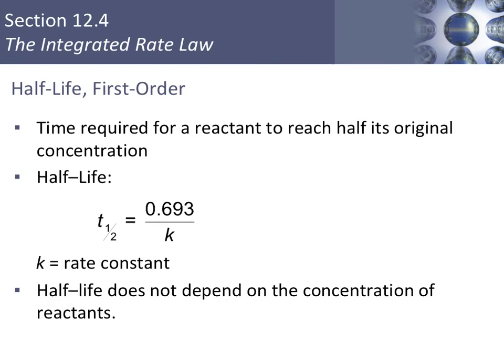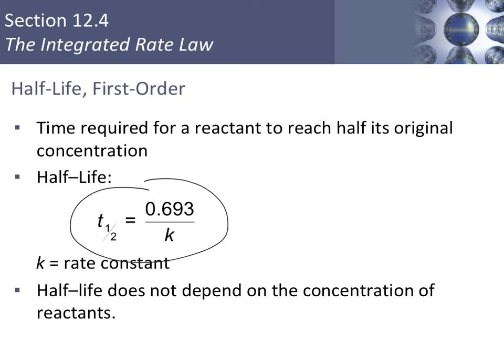So now let's talk about the half-life of a first order reaction. This is the time required for a reactant to reach half of its original concentration. So half-life, half concentration. This equation here is a derived equation, and you can check out your textbook for the derivation. It is based on the integrated rate law for a first order reaction equation.